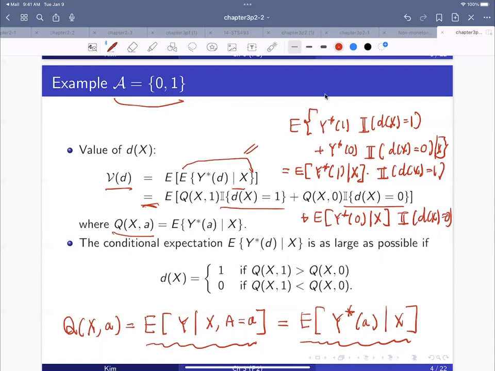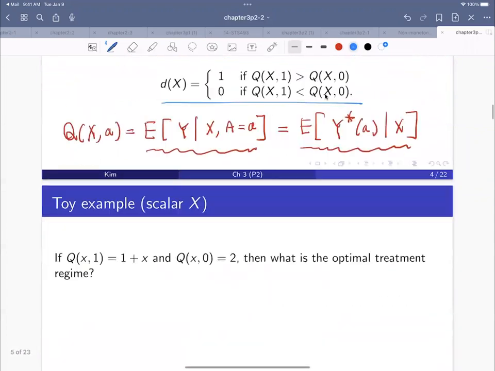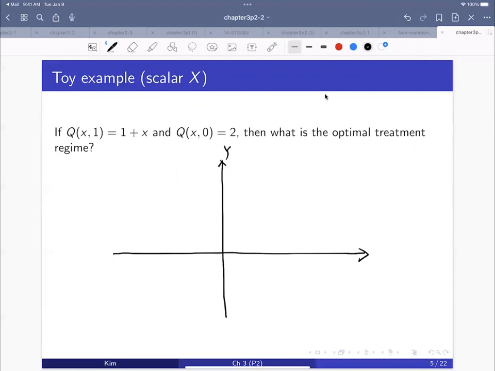then it turns out that is how to maximize this. So the solution to maximizing the inside is this. To understand why, let's use this toy example. This is a really simple example, but hopefully it'll give you a good idea about what's going on.